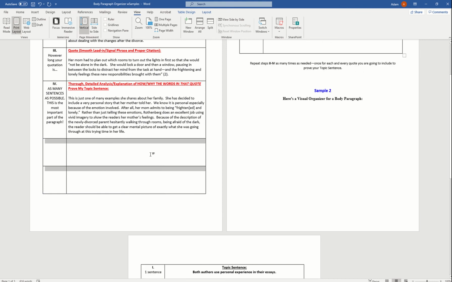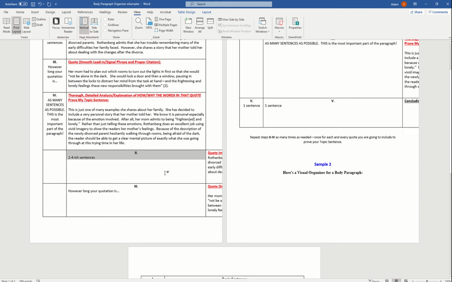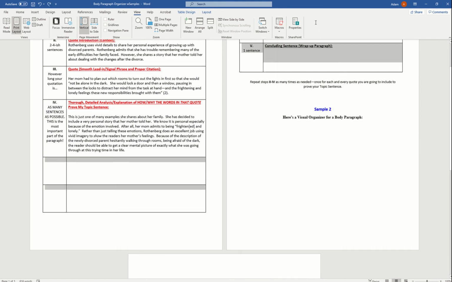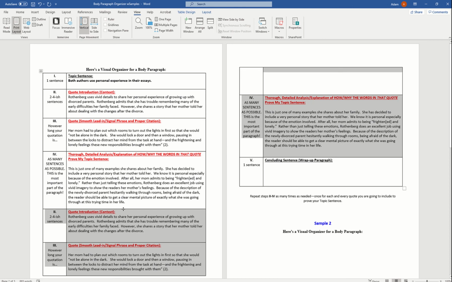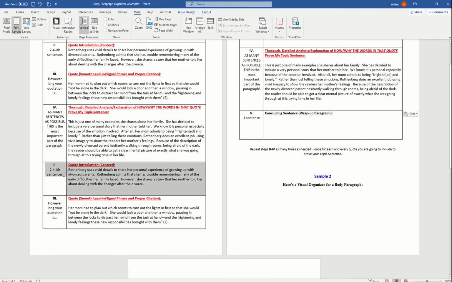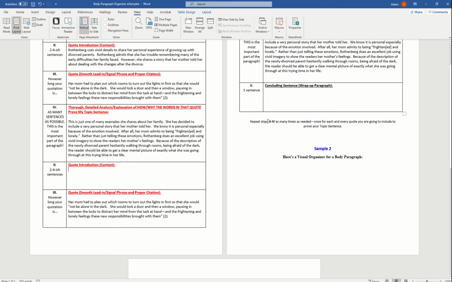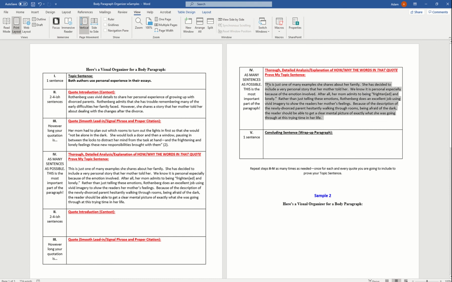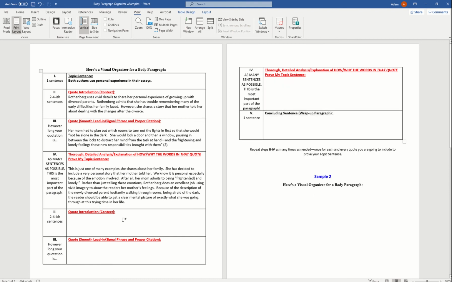Insert row below. There, that should work. And then I pasted, I'm doing these steps over again. Remember I said do steps 2 to 4 as many times as needed, so I'm doing steps 2, 3, and 4 again.